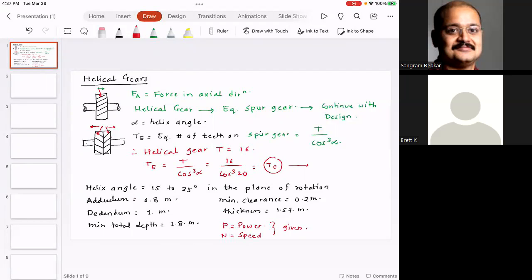Sometimes the material properties would also be specified. If the material properties are not given, then we can use the data book and find out the appropriate material for that particular application. So now, just like spur gear, I want to give you the design recipe, and then we will work out a problem following the design recipe.